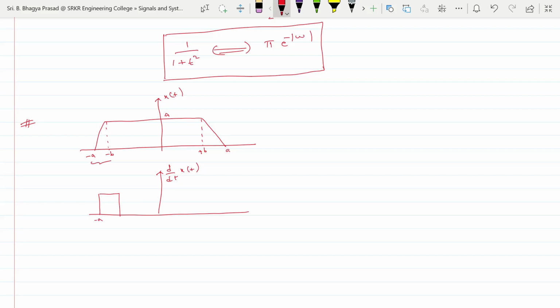From minus b to plus b the signal was constant, so the differentiation will be 0. From b to a the value is decreasing, and we represent it with a slope like this.